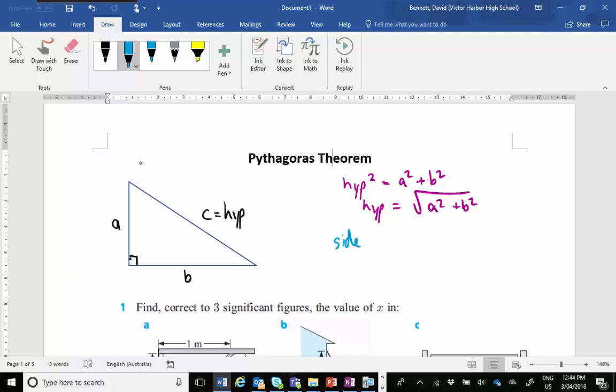So the side is simply going to be equal to the hypotenuse squared take away the other side squared, and that's what a is going to be equal to. So a is equal to the square root of the hypotenuse squared take away b squared. Now if you want to, you can just replace hypotenuse with c.